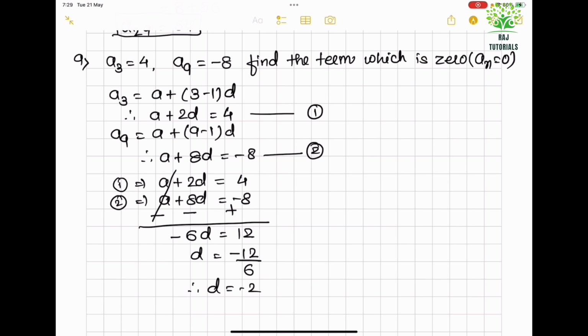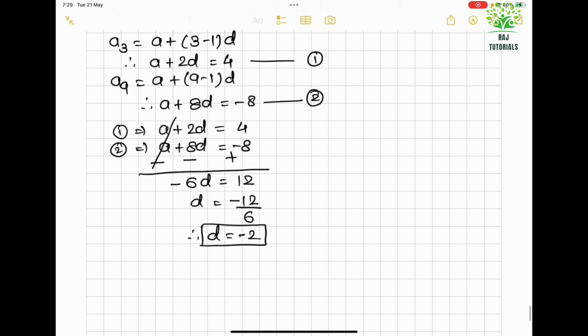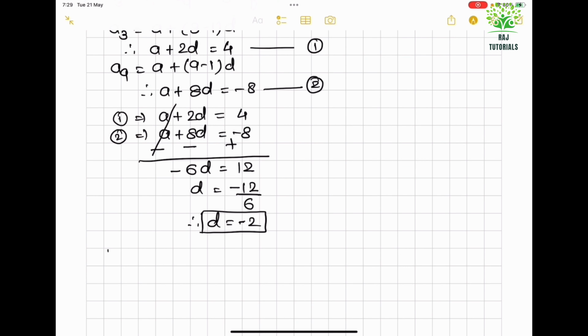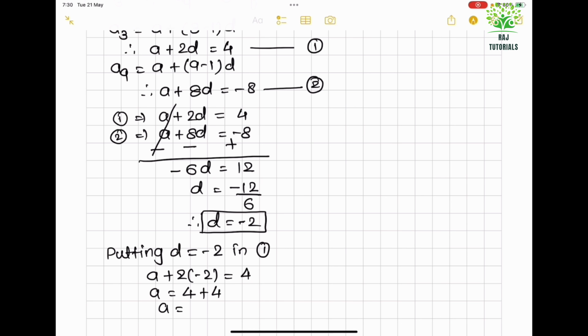So therefore D equal to minus 2. Now D equal to minus 2, putting in 1. So A plus 2 into minus 2 equal to 4. So A equal to 4 plus 4. So A equal to 8.